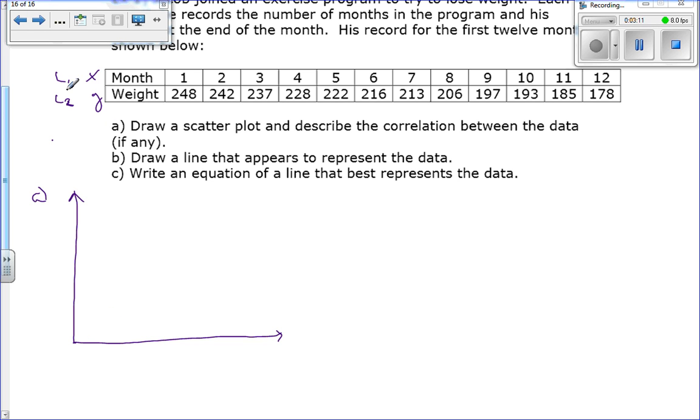On the bottom is my X, and those are going to be our months. So we have 12 months. And this is going to be our weight.